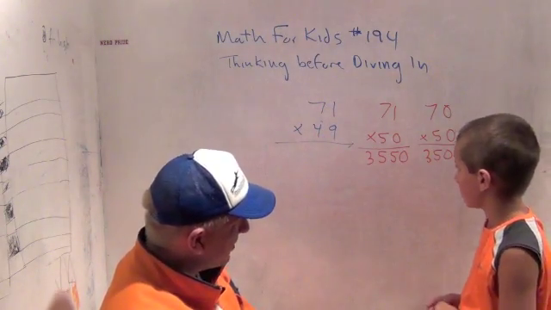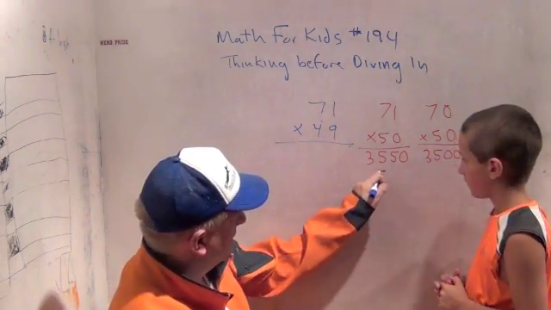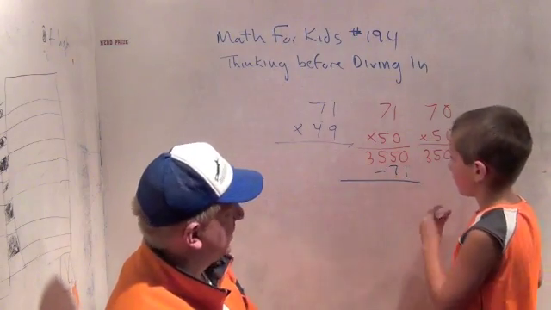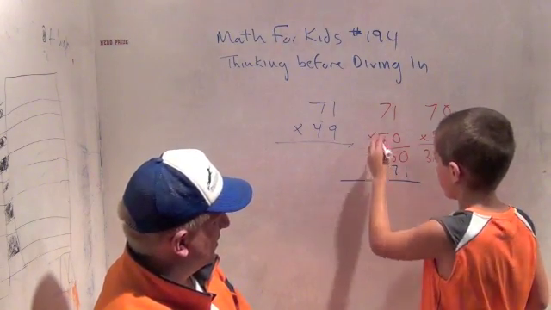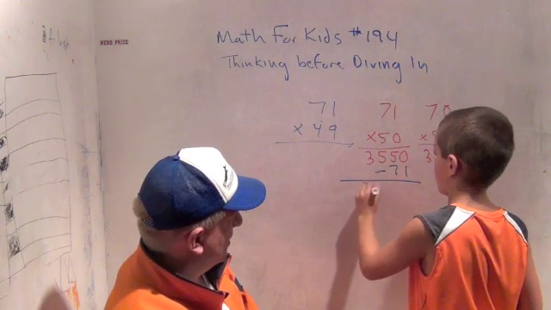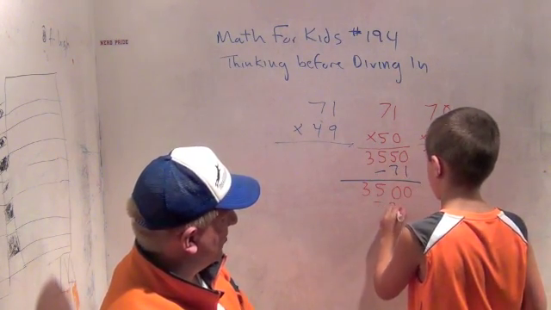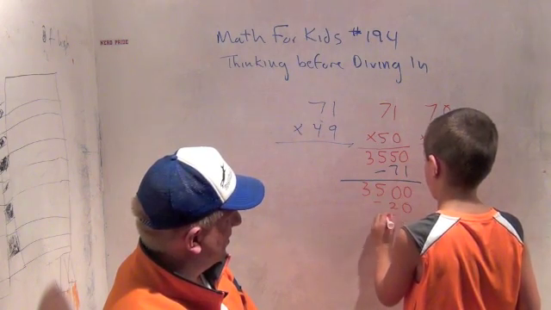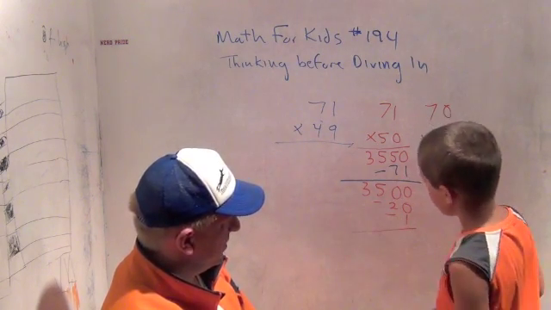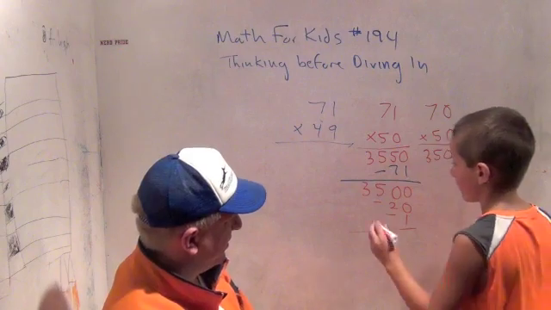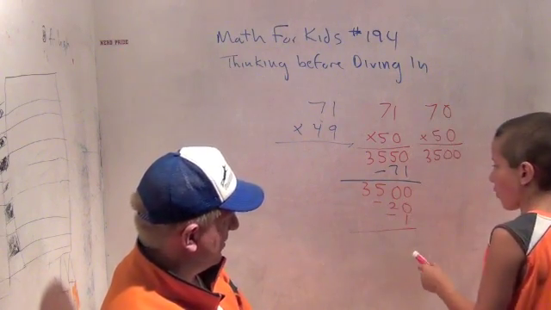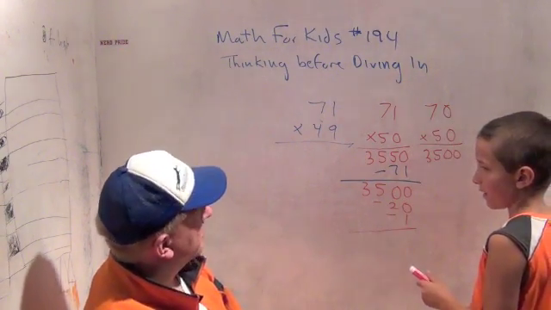So what is 3,550 minus 71? Well, it's 3,500 minus 20 minus 1 minus 1. Okay, just write the answer up here when you have it. 3,479.